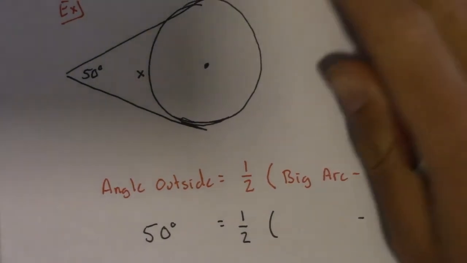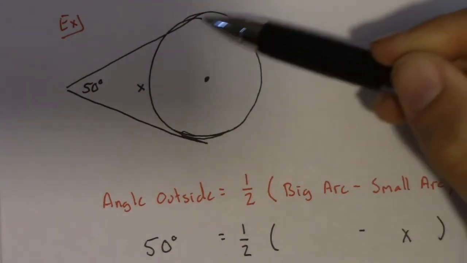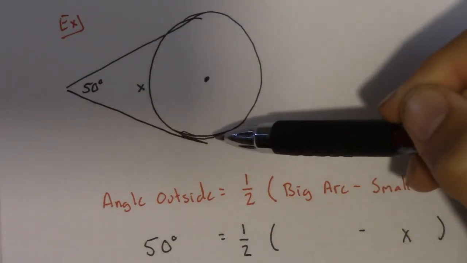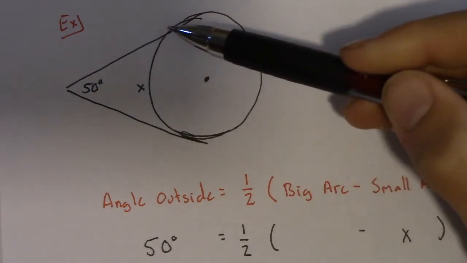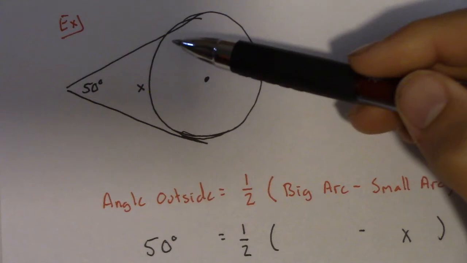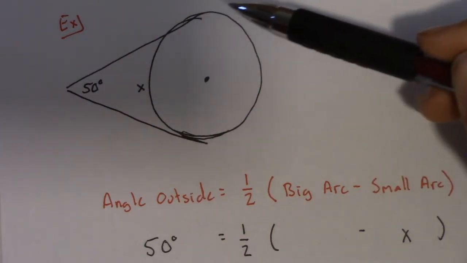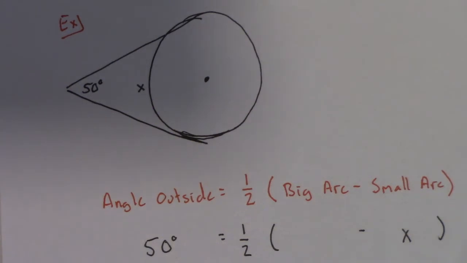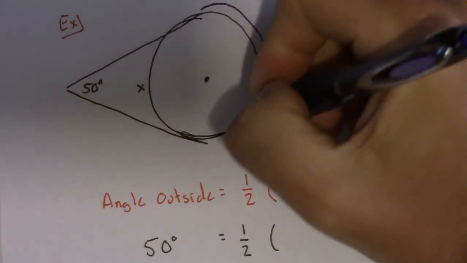I know that a whole circle is how many degrees all the way around? 360, which means that if I know that this piece is, quote, x degrees, then how much must the rest of my circle be, or the parts over here?